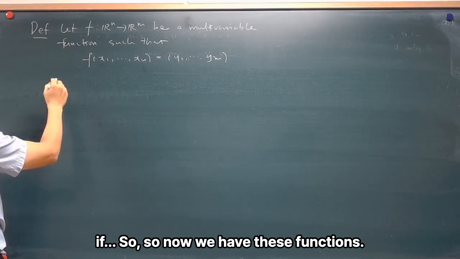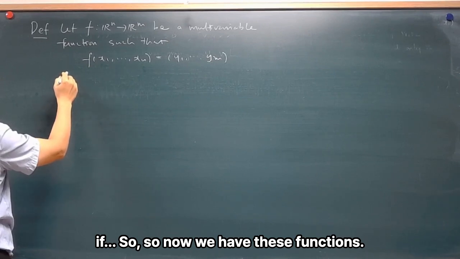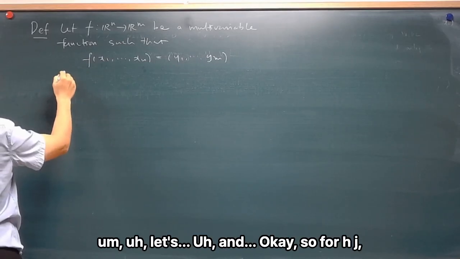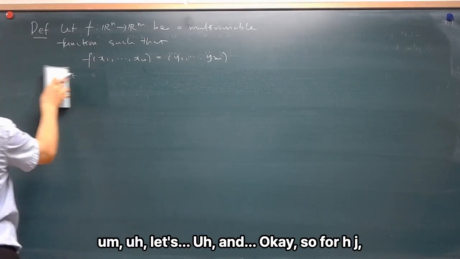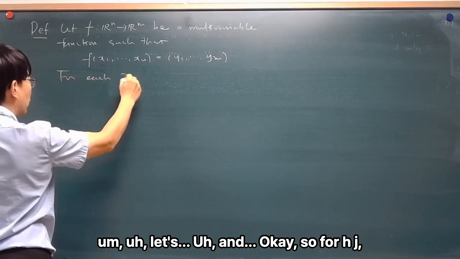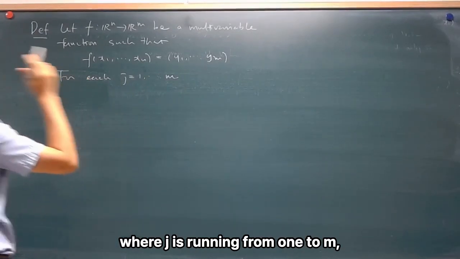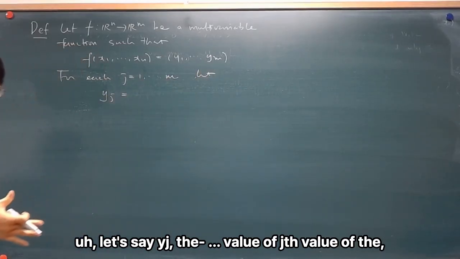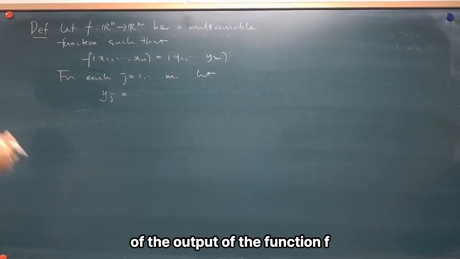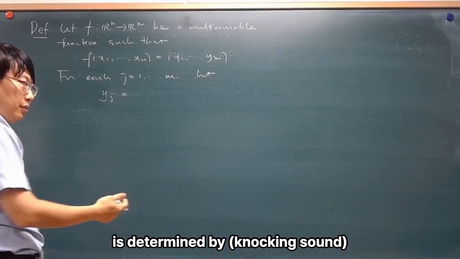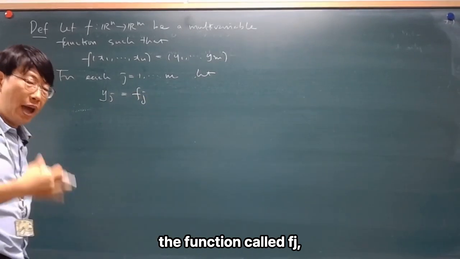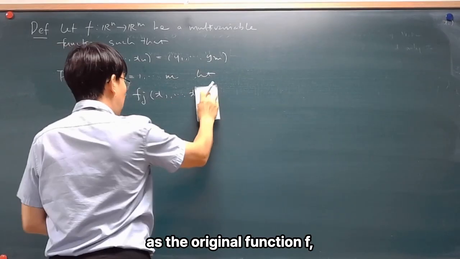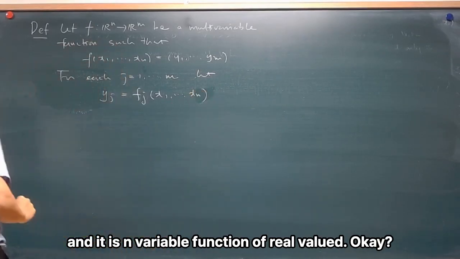So now we have these functions. For each j where j is running from 1 to m, let's say yj, the j-th value of the output of the function f, is determined by the function called fj, and this function takes the same number of input values as the original function f, and it is an n-variable function that is real valued.